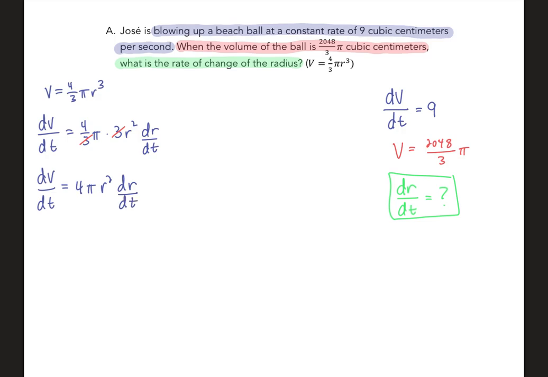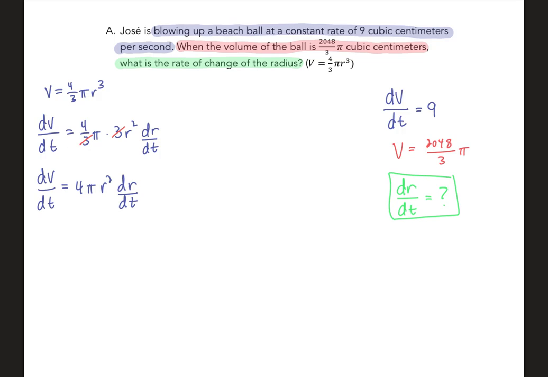Next, I make sure that we have an expression for what we want, which is dr/dt, and so we have that. We've got dV/dt, which they tell us is 9, but we don't have r. We're not actually given what the radius is at the moment they're talking about, so in this case we'll have to solve for it.